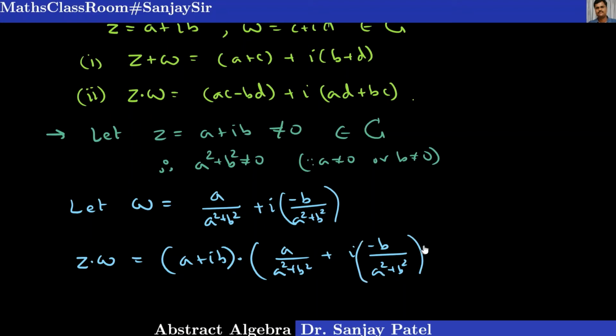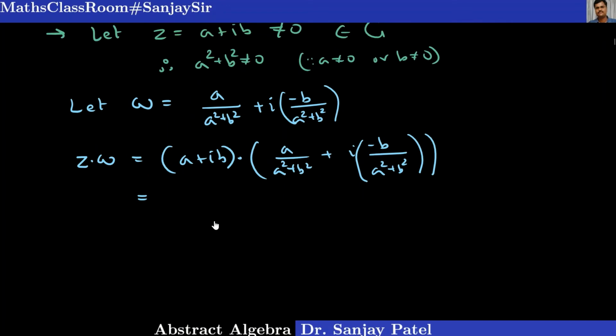Okay, let me write like this. And the product of these two, by definition of this multiplication, can be given as AC minus BD. So this into this minus this into this.